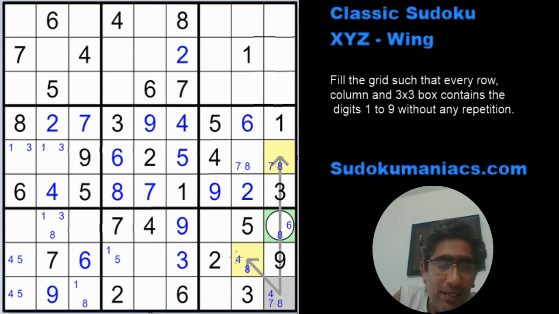So in the XY wing, we had two places to eliminate the digit 8, but in an XYZ wing, it narrows down to just one cell in this example. I've marked this XYZ wing by arrows and different colors for better illustration. And the cell which is in green is the buddy cell to all three, from where we are going to eliminate the digit 8.